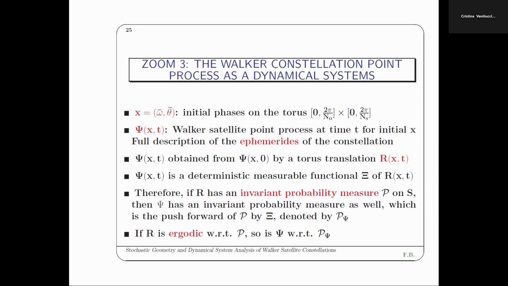And these are the rotations on the torus, which were studied in dynamical systems. And you can, out of that, including now the rotation of Earth and the speed of rotation of satellites, see how the point process, which you see at time t on the sphere, evolves on the sphere.